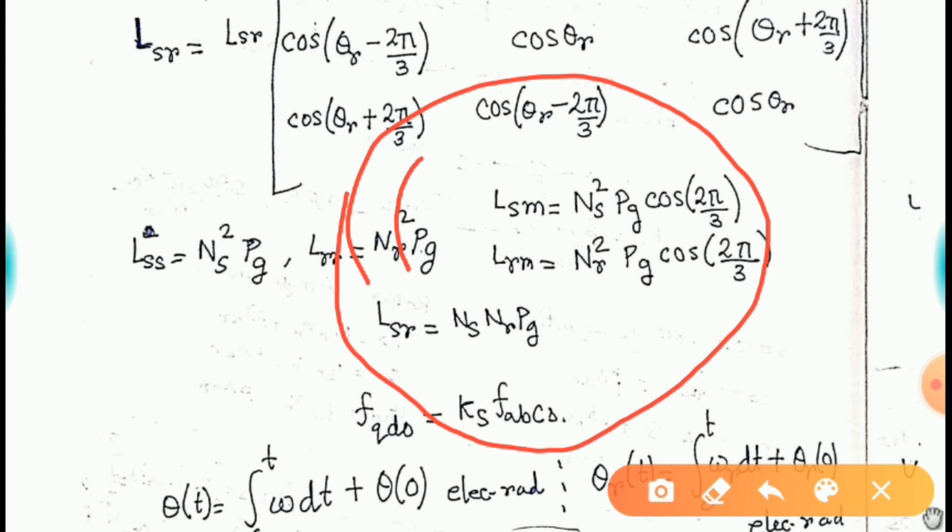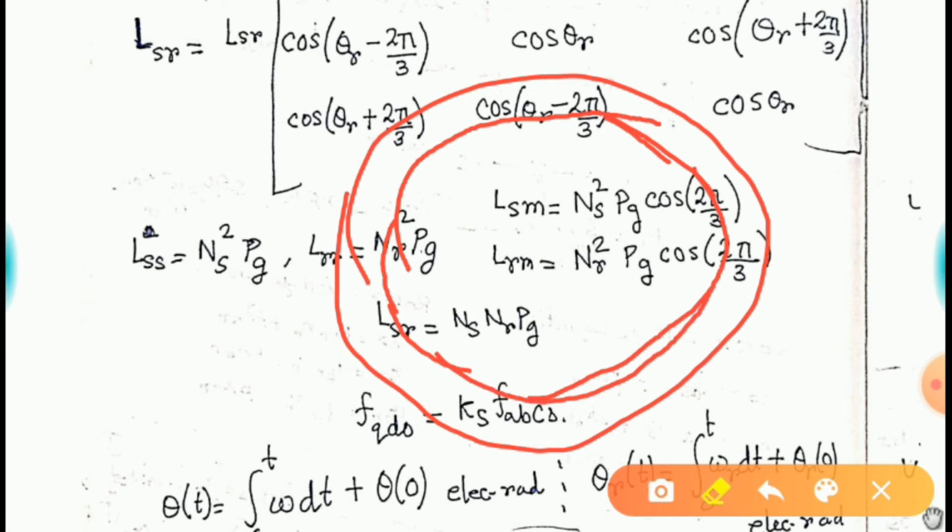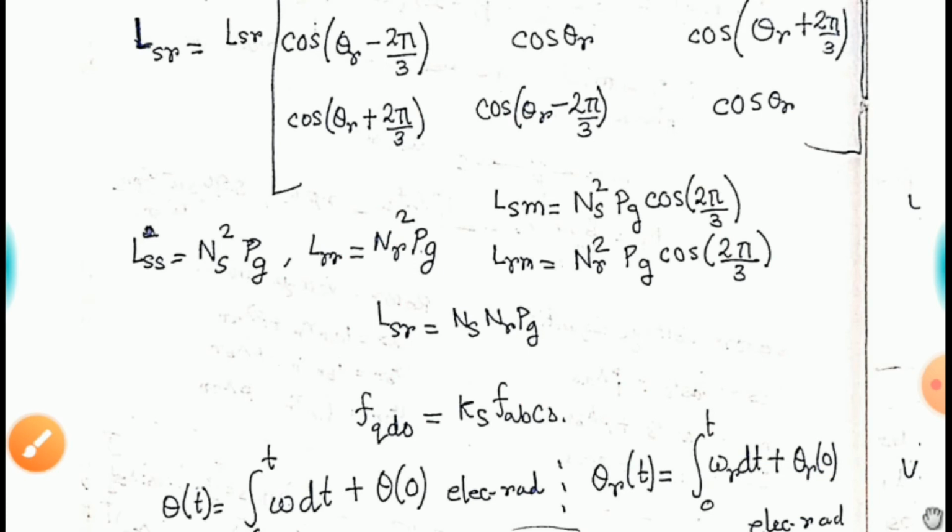I hope you are getting my point: if we have an even structure, it will give us a uniform value of Pg.